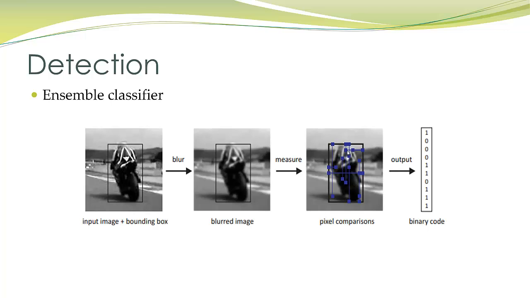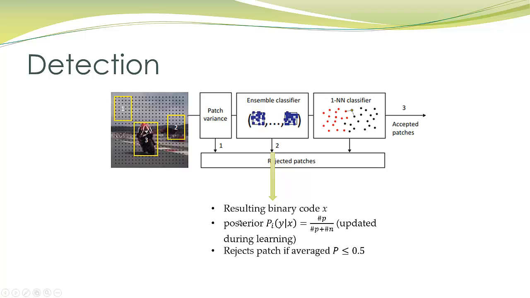For example, the gray value of the left corner one is larger than the right corner, or the left side is larger than the right side, and that kind of thing. You have this relationship, and you output this binary code in this manner. The binary code is then sent to the posterior probability calculation, which is used to determine whether this patch is rejected or accepted.